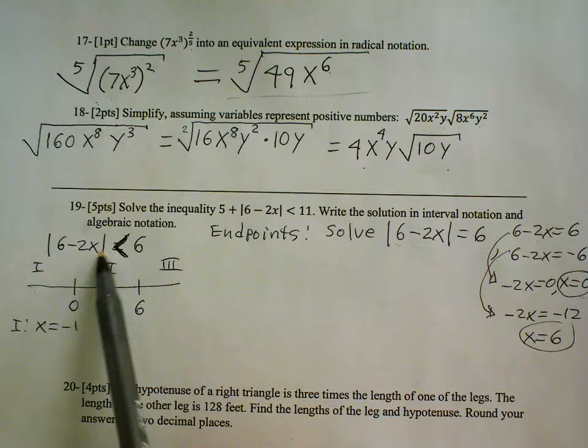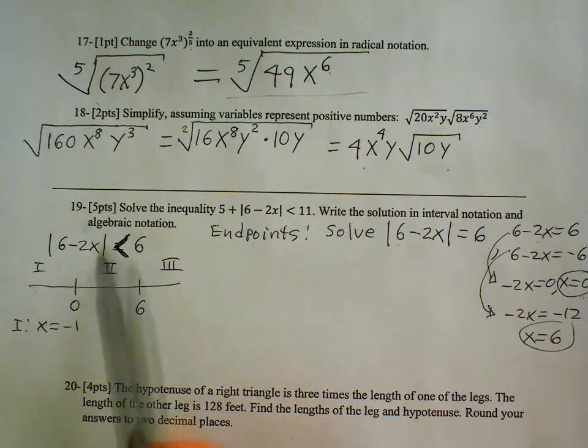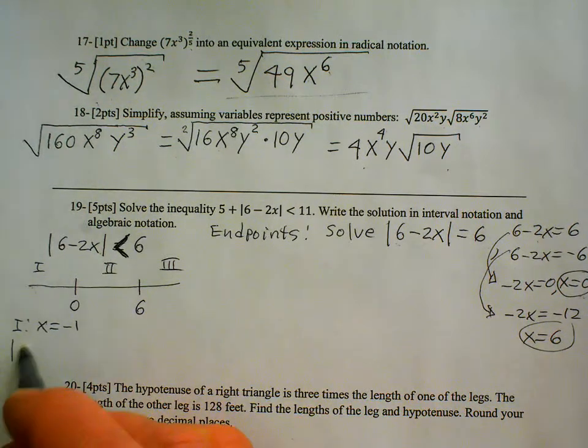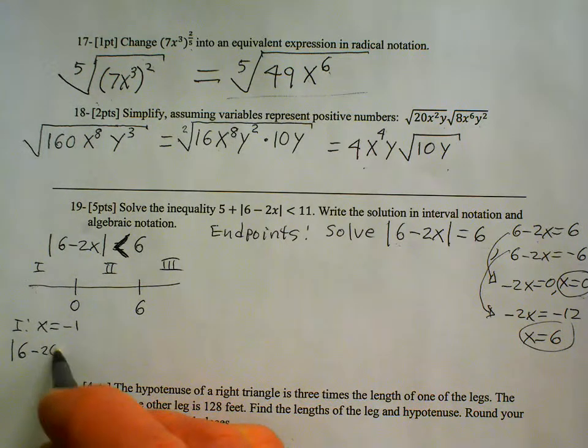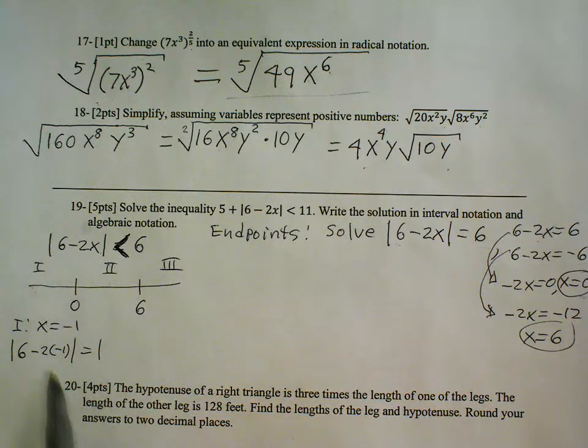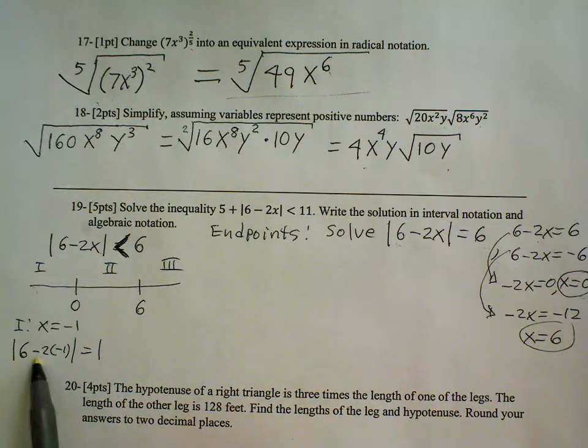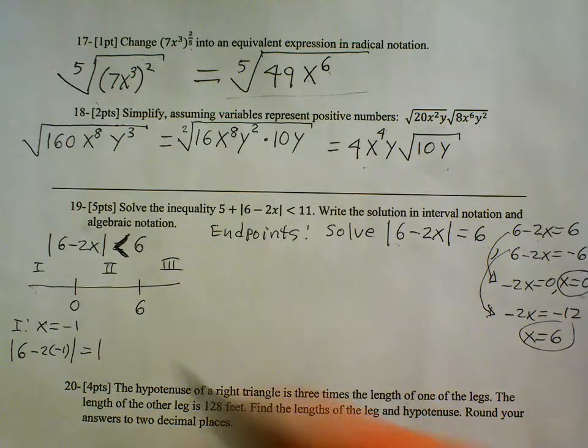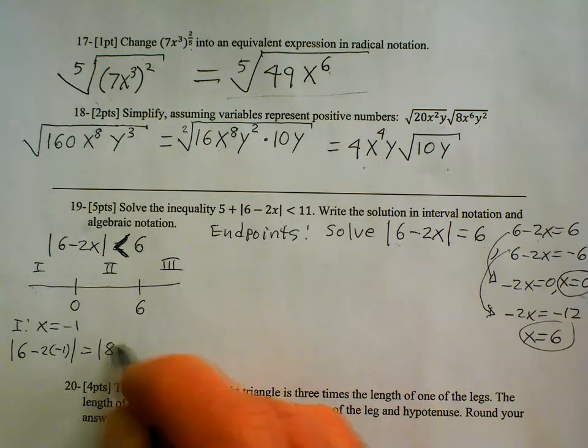And then in the inequality, replace x with negative 1. We have the absolute value of 6 minus 2 times negative 1. This is the absolute value of 8, because 6 minus 2 times negative 1 is 6 minus negative 2, or 6 plus 2.